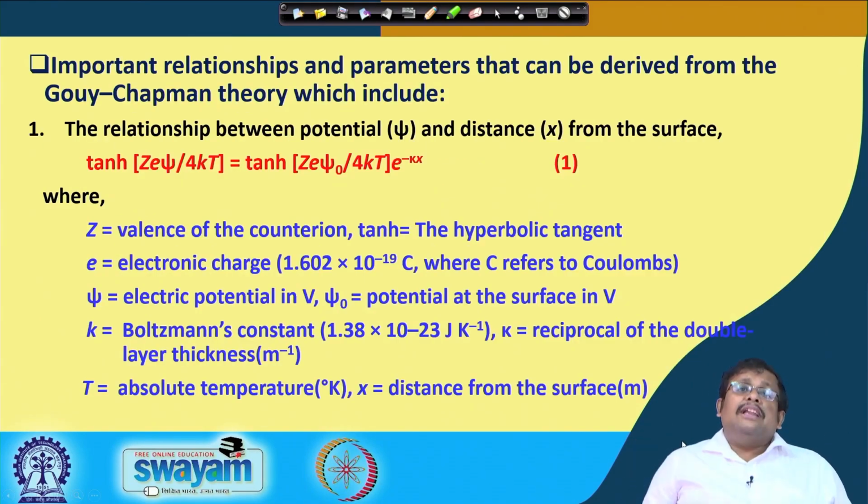So, the important relationships and parameters that can be derived from the Gouy-Chapman theory include the relationship between potential and distance from the surface.